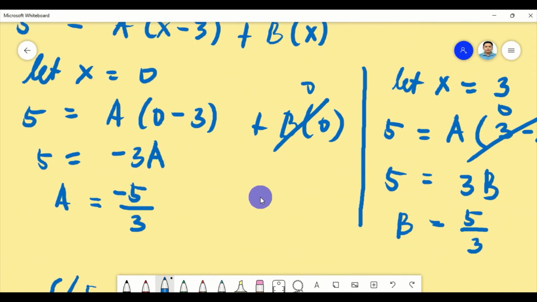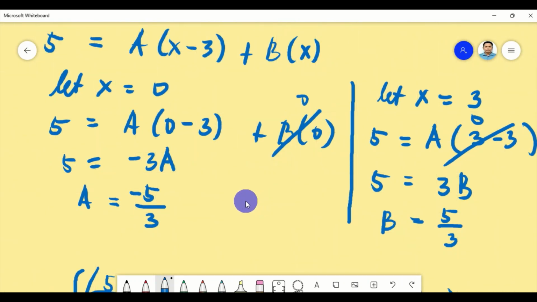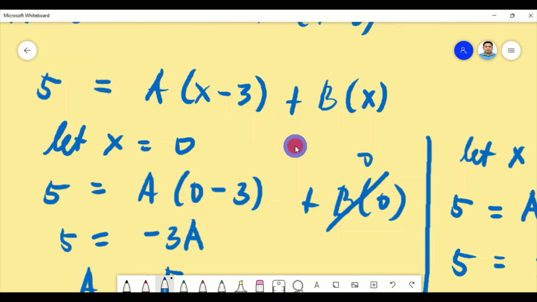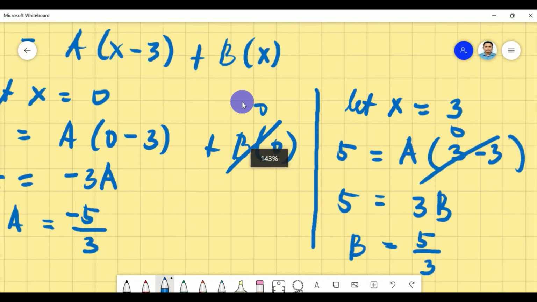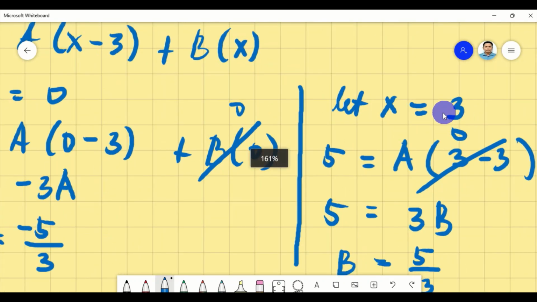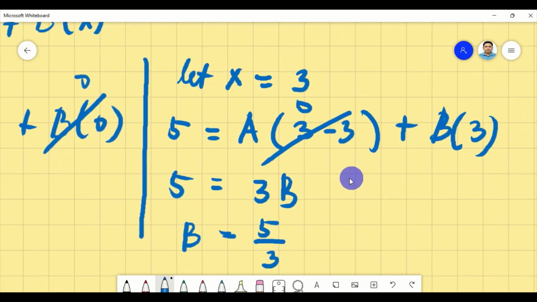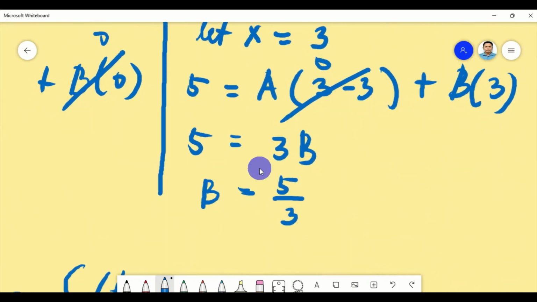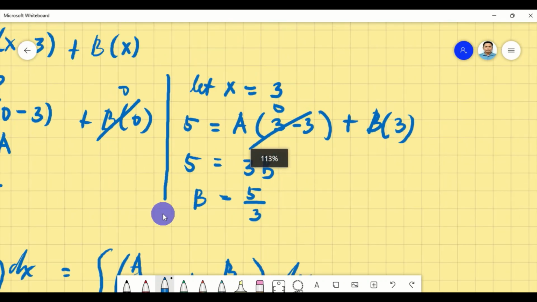And then for the value of b, you think of a number that will make the first expression, a times x minus 3, be equal to 0. So in this case, our x is equal to 3. So you have 5, and this is equal to a times 0. Okay, that's 3 minus 3 plus b times 3, that is equal to 3b. So your b now here is 5 over 3.